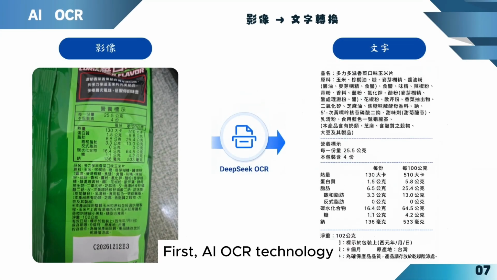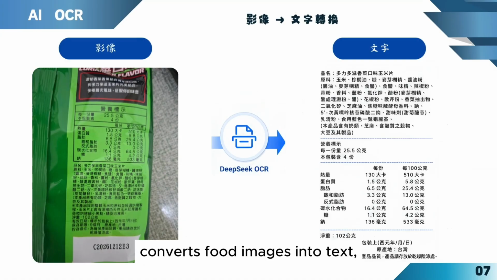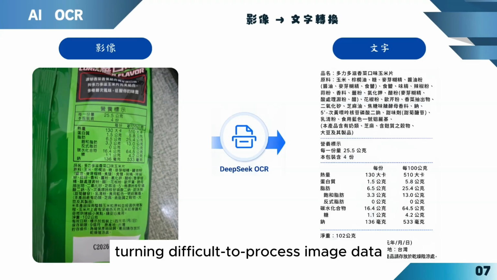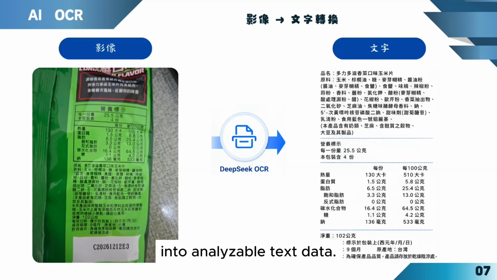First, AI OCR technology converts food images into text, such as ingredients and nutritional labels, turning difficult-to-process image data into analyzable text data.